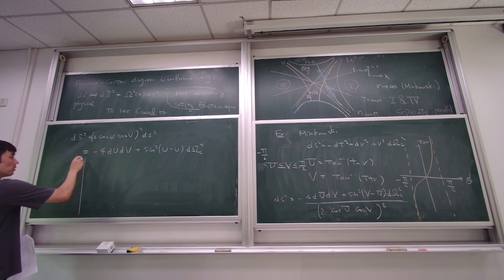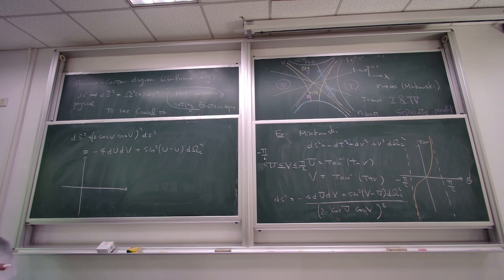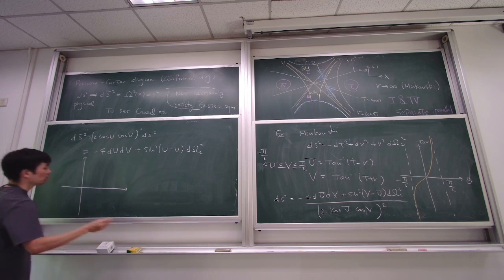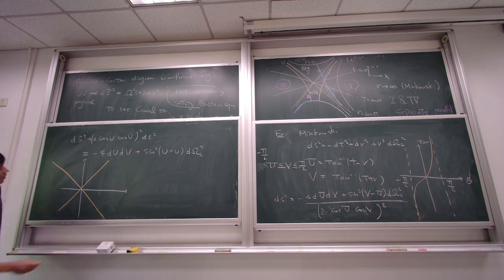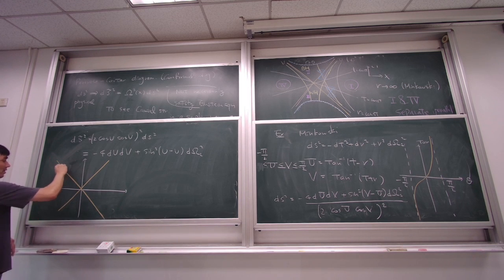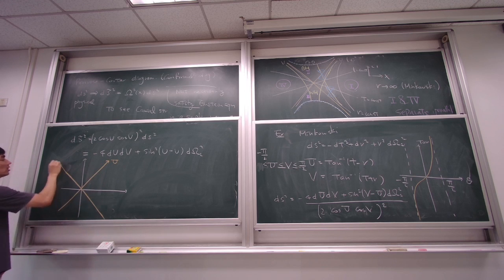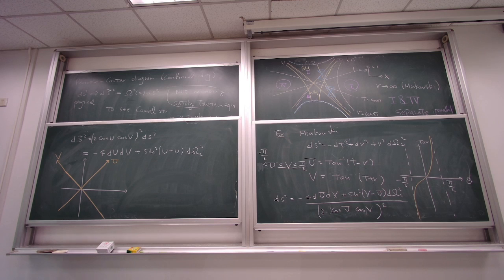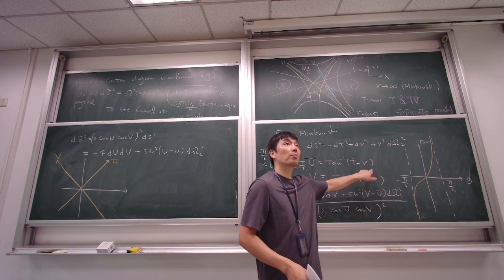Then like this, and u is like this. u equal to 0 is what? This is the u direction, and this is the v direction. Is it correct? I don't know which one is correct. u constant means t equals r plus constant.